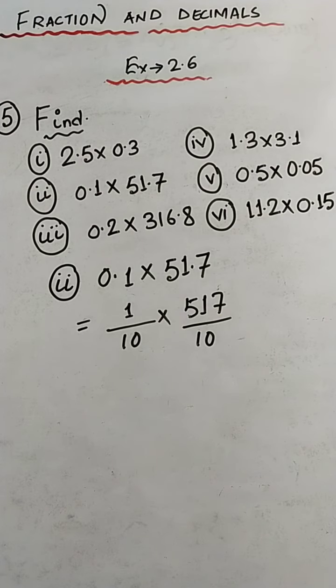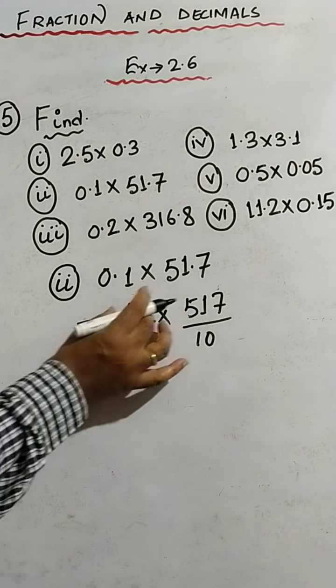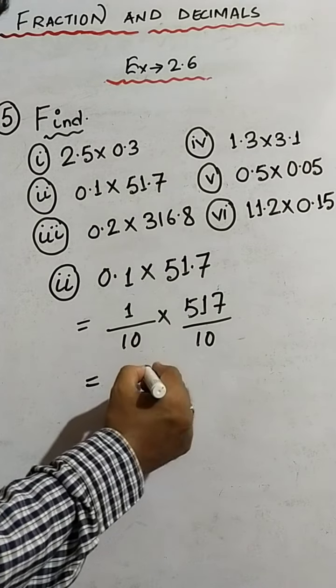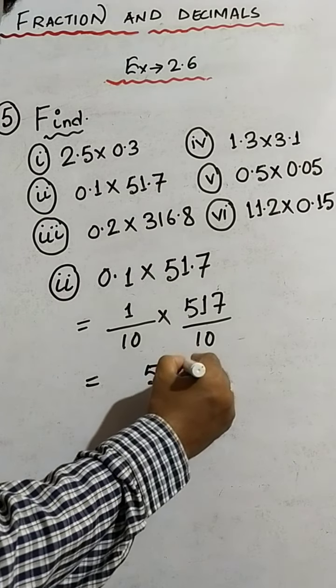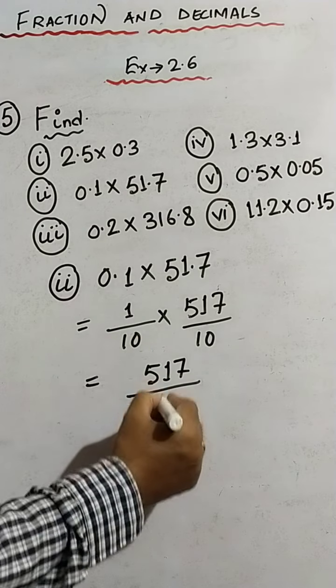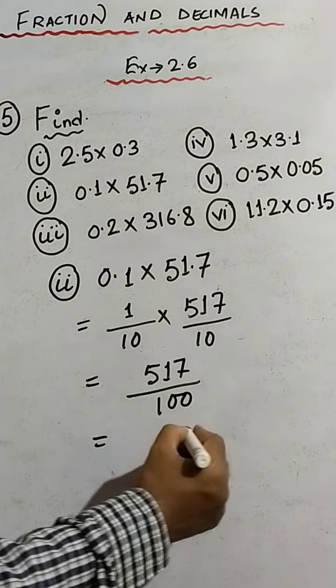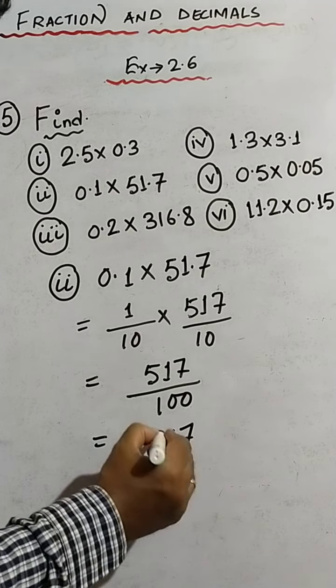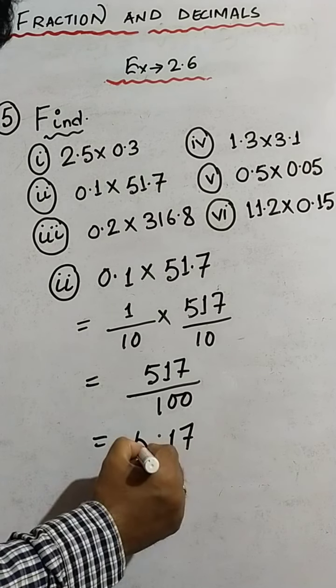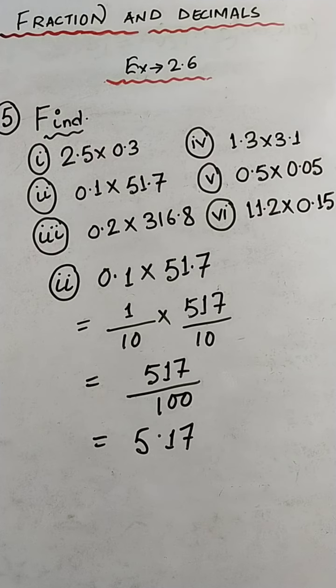Simply multiply it, students. 1 into 517 is 517, and 10 into 10 is 100. So now, see, it's so easy: 7, 1, then you put the decimal and then write 5. So this is the solution of sum number 2.